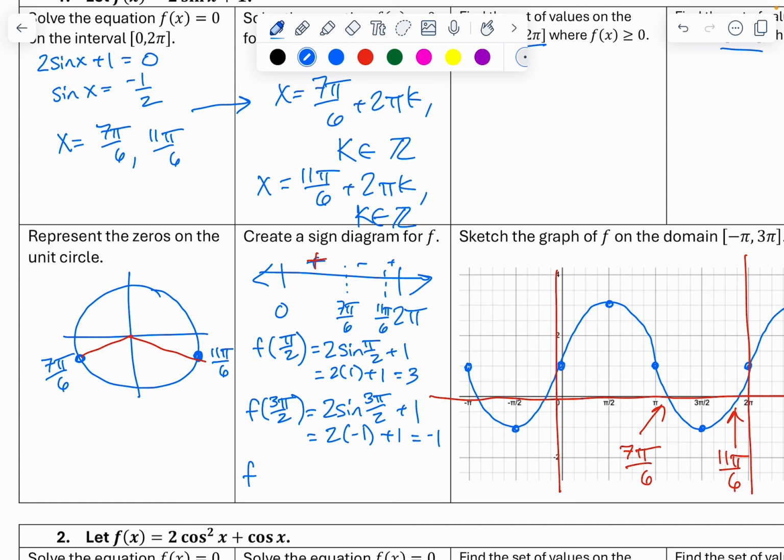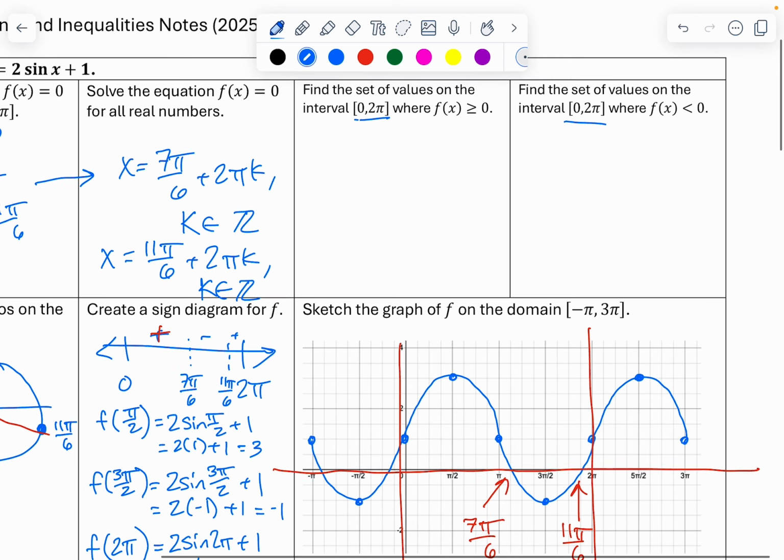So we can just plug in 2 pi because what's happening bigger than 11 pi over 6 will happen also bigger than 2 pi because it continues for a little while. So when I plug in 2 pi, 2 times sine of 2 pi is 0, times 2 is 0 plus 1, this is equal to 1, so that's positive over there. So I can evaluate my plus minus plus just without looking at the graph, but if I have the graph, if I know what I'm doing there, then all of a sudden it gets a lot easier.